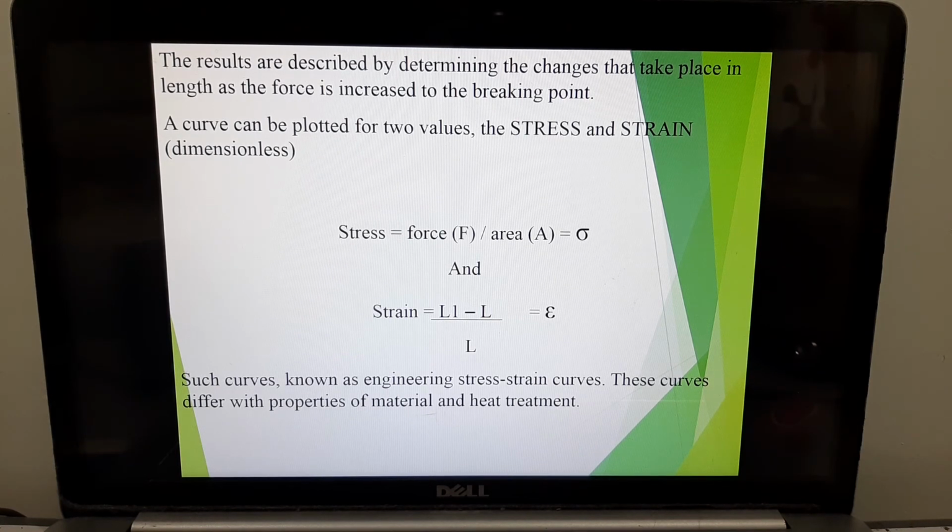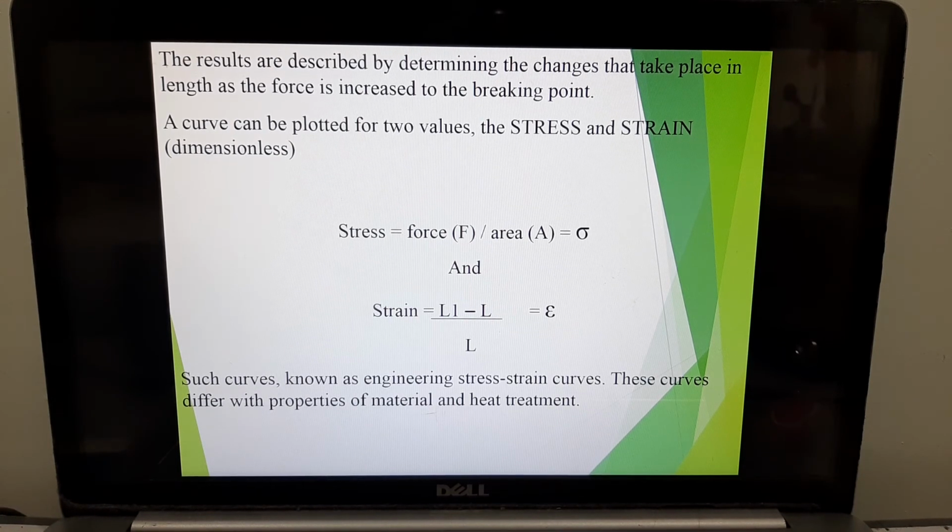So how do you evaluate the material characteristics? You're going to use a stress strain diagram. What is a stress strain diagram? A stress strain diagram basically will tell you how your material will behave before failure.